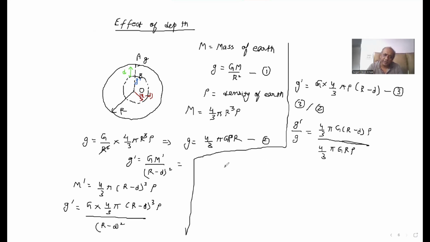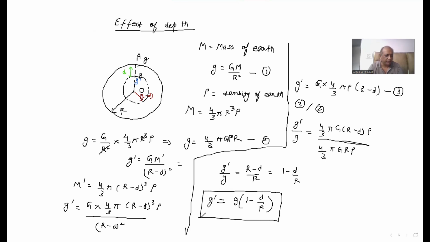We are left with g dash divided by g is equal to (R minus d) divided by R, or we can write it as 1 minus d by R. That means g dash is equal to g into (1 minus d divided by R). So this is the formula which shows the variation of g with depth. This is the formula that we have derived.